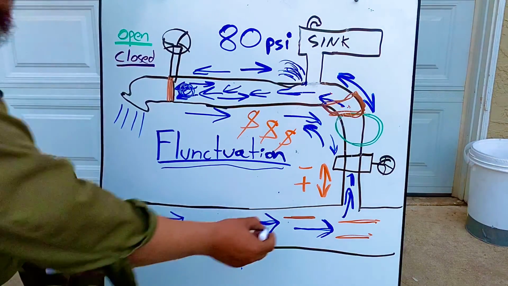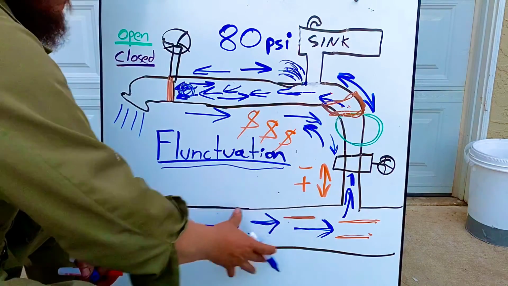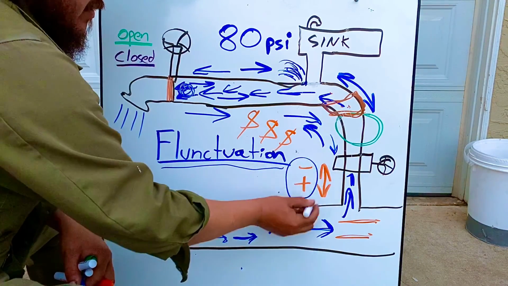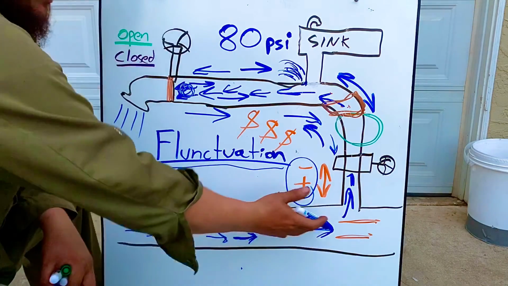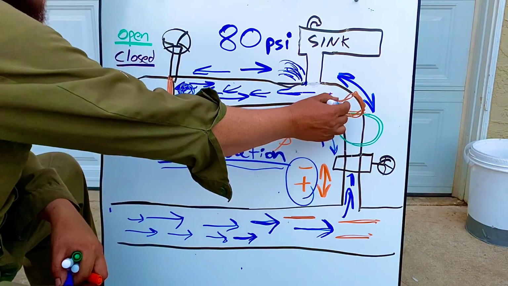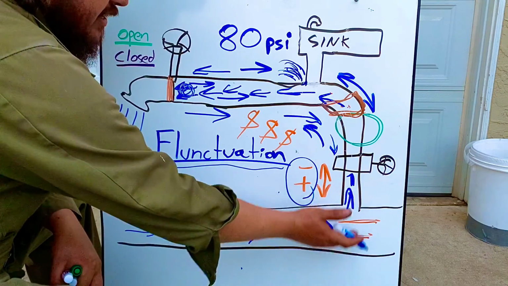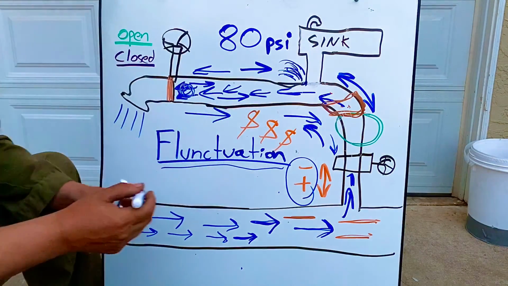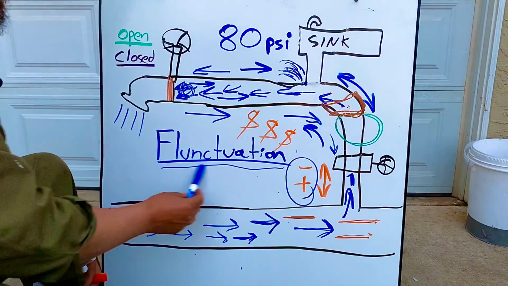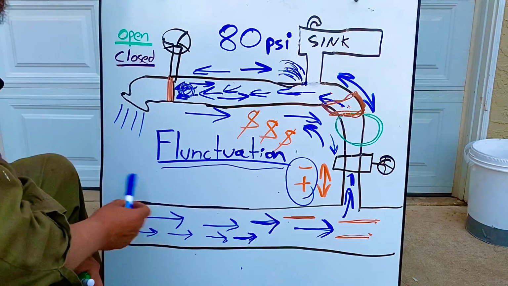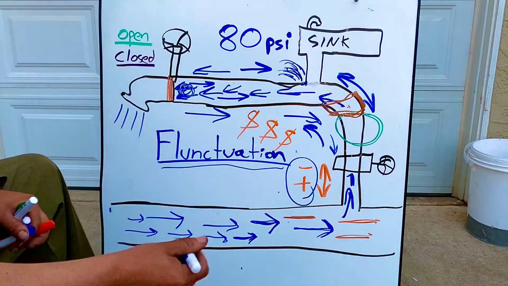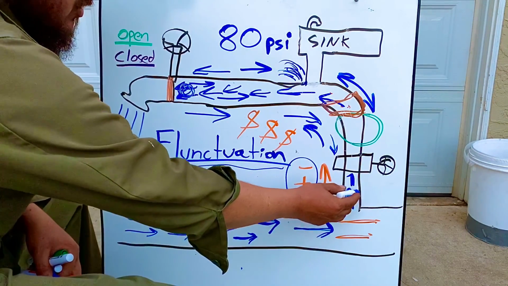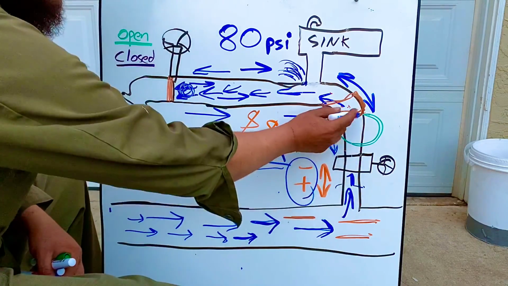The water comes into your system, and if any water pressure change happens on the water supply system and you don't have a one-way check to isolate it from the main supplier, your system is going to be affected as well. So if you're experiencing water fluctuation, you want to install a one-way check on your system as soon as you get water from your supplier, to isolate your items.